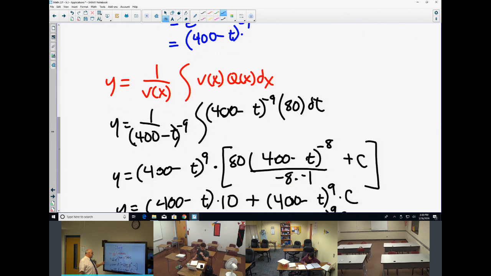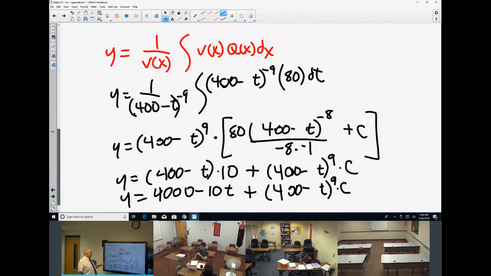All right, so let's see. Now, what did I do here? I factored out 400 minus t to the 9th times 400 minus t to the minus 8. When you multiply here, you add the exponents, so you just get 400 minus t to the 1st. So those almost cancel.